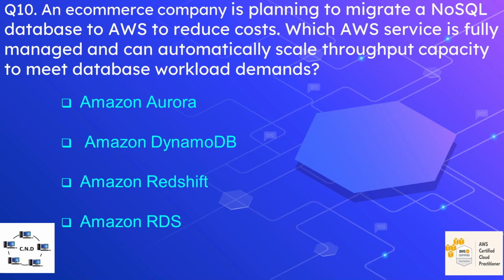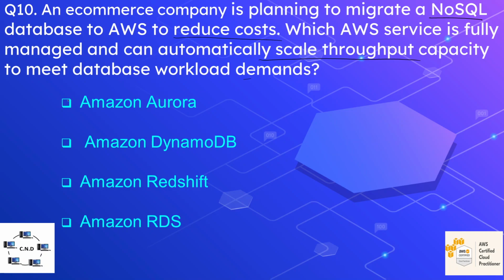Question number 10 is that an e-commerce company is planning to migrate a NoSQL database to AWS to reduce cost. Which AWS service is fully managed and can automatically scale throughput capacity to meet database workload demands? So here we are talking about a NoSQL database. So which option does AWS provide us to manage or deploy our NoSQL database?